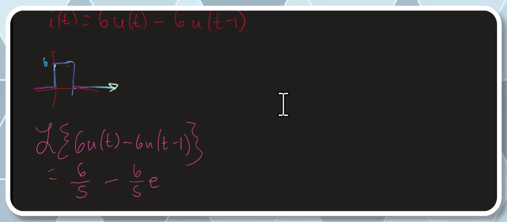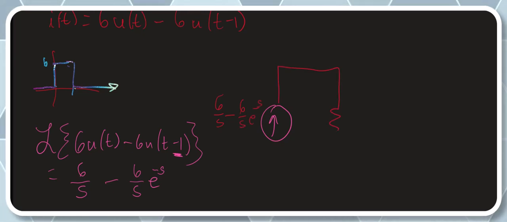That time shift adds an e to the minus s to it. So it's minus 1s from this minus 1 right here. That's what the time shift does. So the unit step function is 6 over s, and the time shift adds the e to the minus s. Alright, so our current source is now 6 over s minus 6 over s e to the minus s.